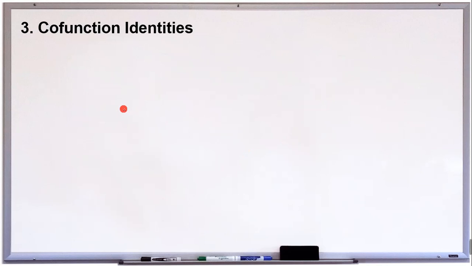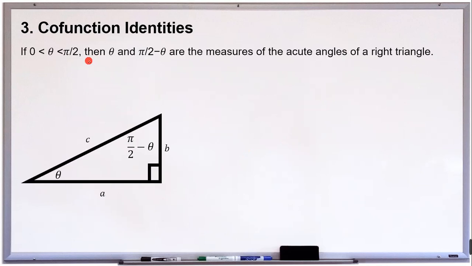Now let's proceed to the cofunction identities. If the angle is between 0 to 90 degrees, that is from 0 to pi over 2, then the angle theta and pi over 2 minus theta are the measures of the acute angles of a right triangle as shown right here.